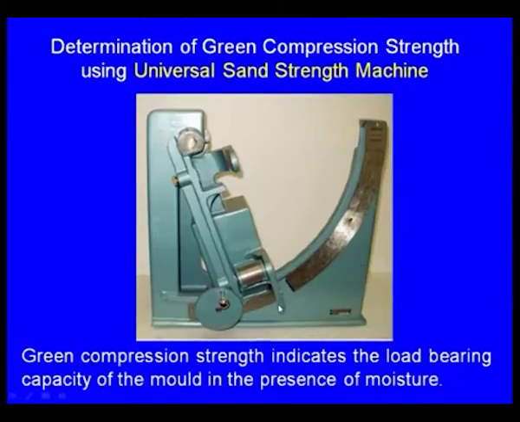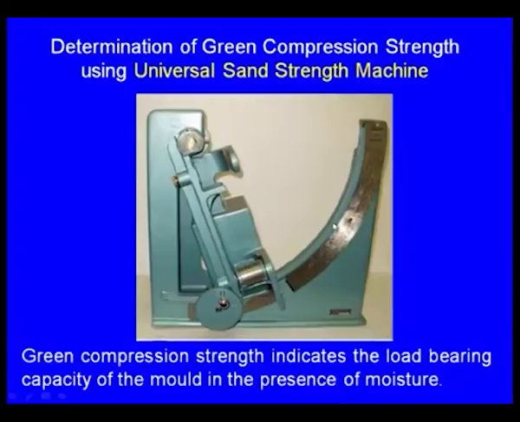Now we are measuring the green compression strength. For this, we have to put this specimen at the bottom, and these specimen holders will be plain holders. Between these plain holders we place this specimen, and when we rotate this pendulum, as it goes up, the weight of the pendulum falls on the sand specimen. At one stage this specimen breaks.